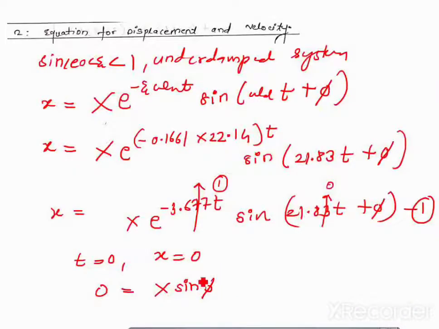Now basically, using the first condition that t is equal to 0 and x is equal to 0, we have got X sine phi equal to 0. You have to remember something here.